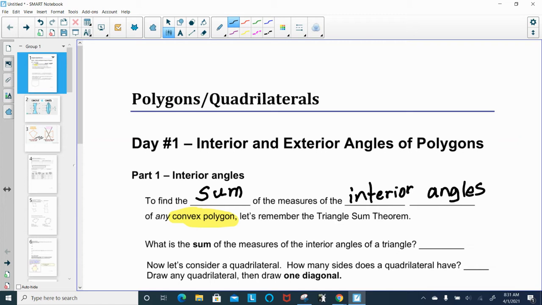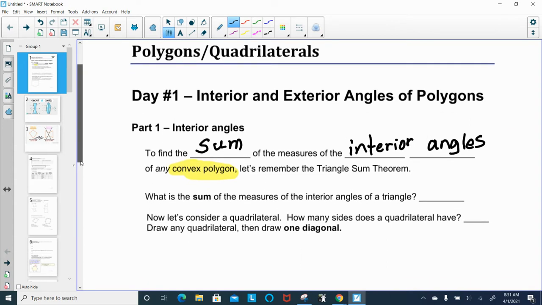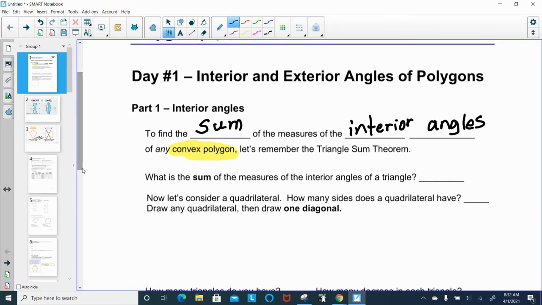And you might go, did we learn a triangle sum theorem? You did, but we probably didn't call it a theorem, but it is. It's a geometric theorem. We learned about it when we talked about how many degrees all 3 angles in a triangle add up to.